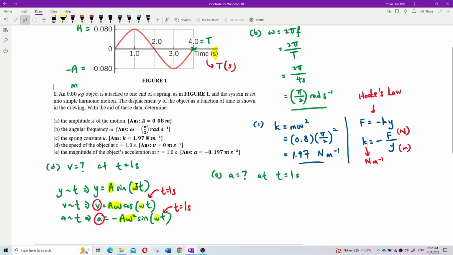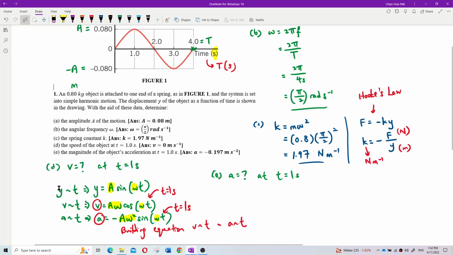You have to build the equations of velocity and acceleration to get their values at t equals 1 second. That's one way of doing it.